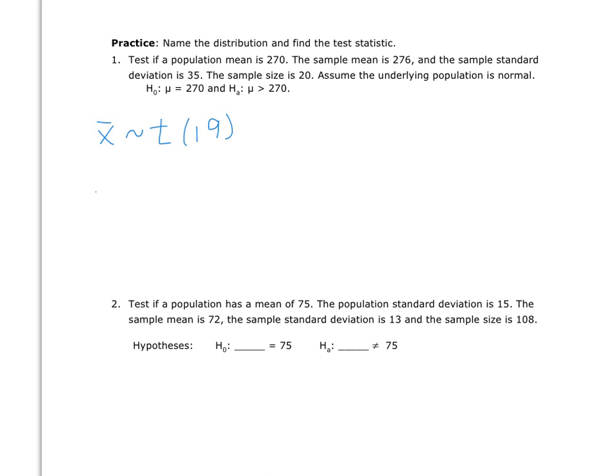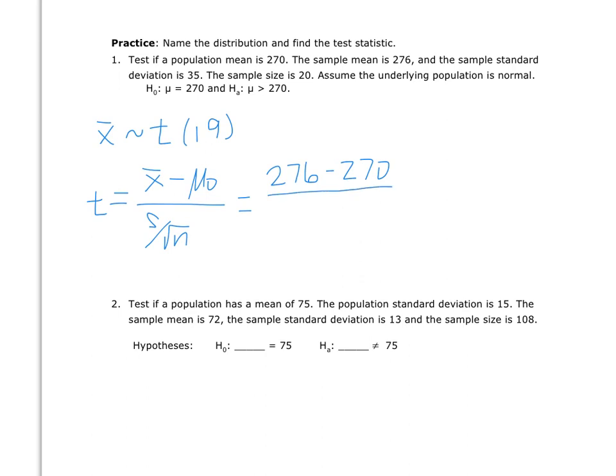Now we want to calculate that test statistic. Just a little reminder: x bar minus mu sub 0, over s divided by the square root of n. The sample mean is 276, minus 270, that's mu sub 0, divided by the standard deviation over the square root of 20.